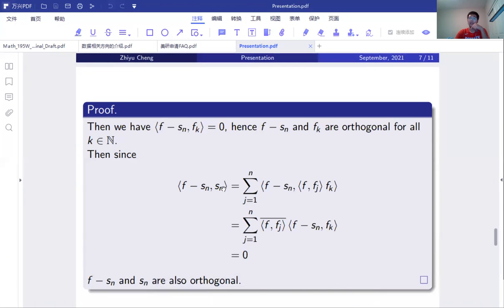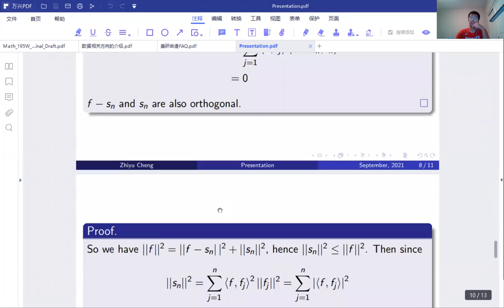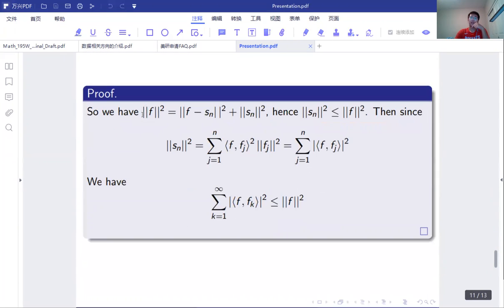Then since S_n is a linear combination of the f_k's, f minus S_n and S_n are also orthogonal. So next we have this one, since f minus S_n and S_n are orthogonal. The norm of S_n is smaller than or equal to the norm of f, and since the norm of S_n equals this, we have the conclusion here.